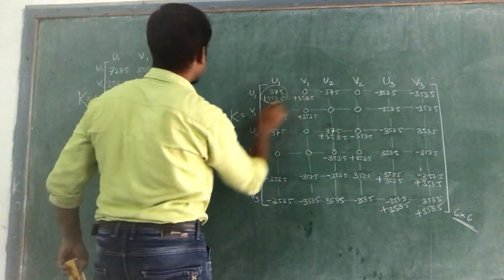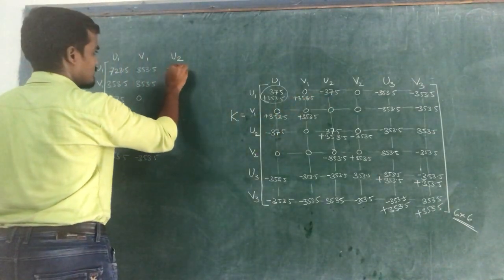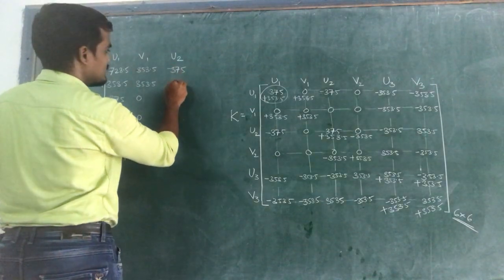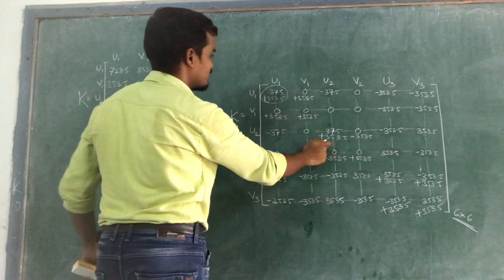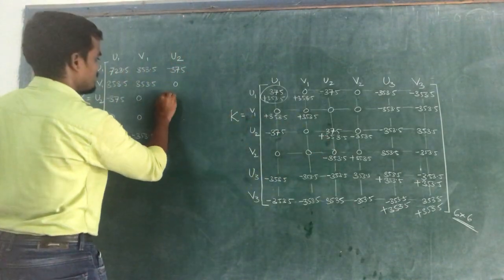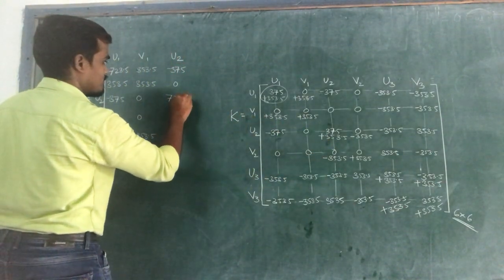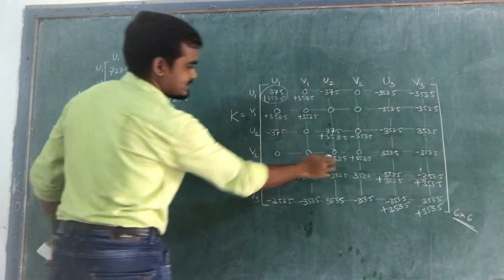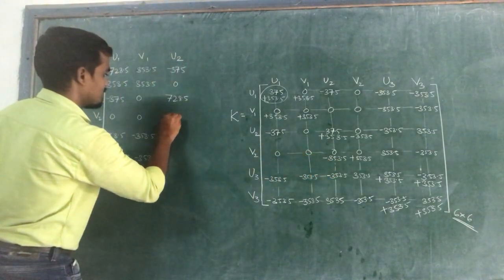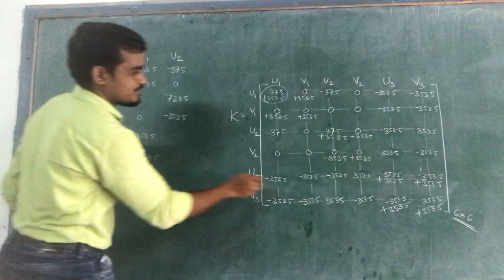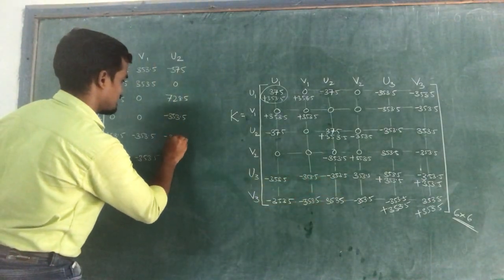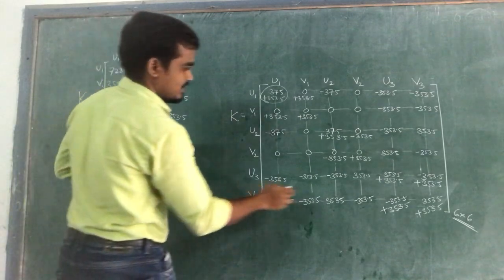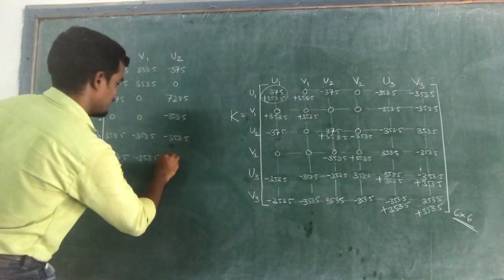Okay, U2 is minus 375, 0, 375 plus 353.5, 728.5. This minus 353.5, then minus 353.5.